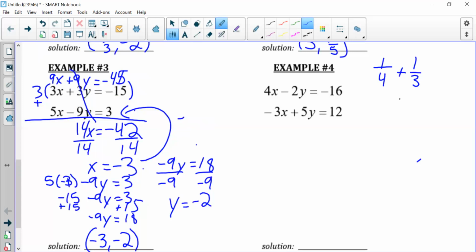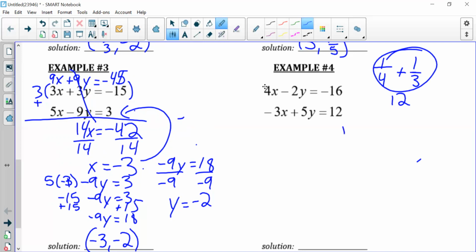I can't make my 3 a 4. It doesn't work. So what's the smallest number that they both go into? Well, it's 12, right? We're going to do the same concept here, only instead of multiplying fractions and changing their denominator, I'm multiplying the entire equation so I can change the coefficients. I want to make the coefficients in front of my x's 12s.